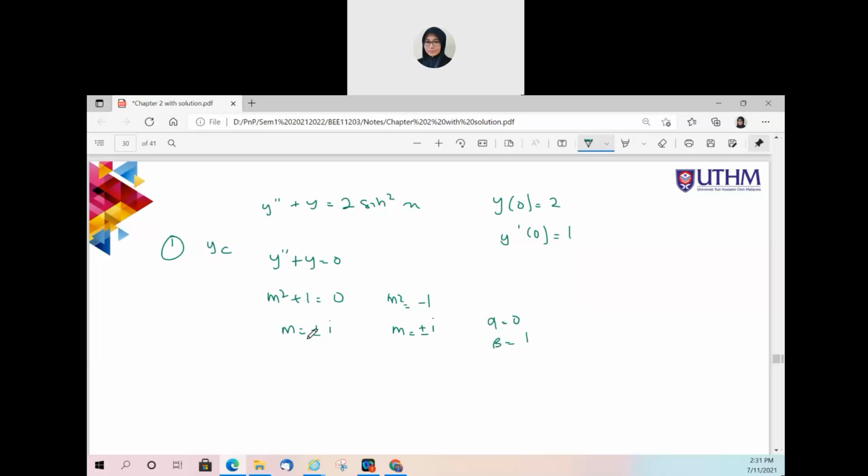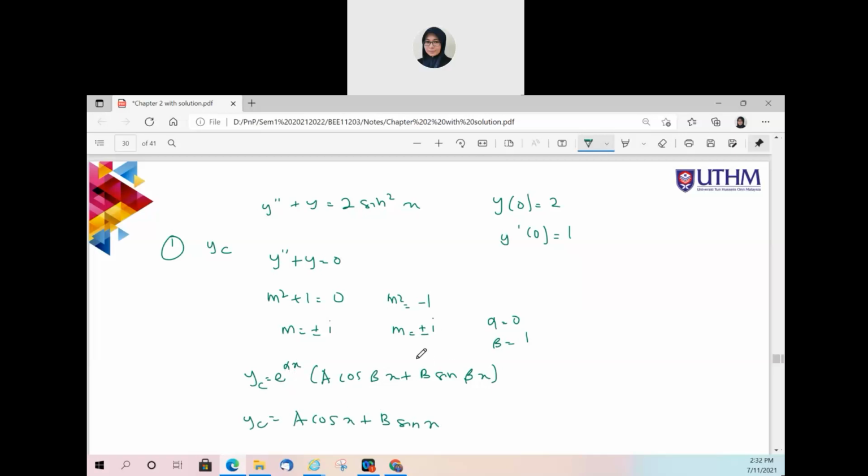So for case 3, y equals e to the alpha x times A cos beta x plus B sine beta x. You replace alpha and beta here, then you'll get e to the 0, so 1, times A cos x plus B sine x. So this is your YC.